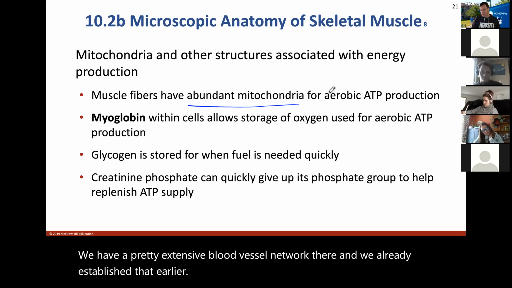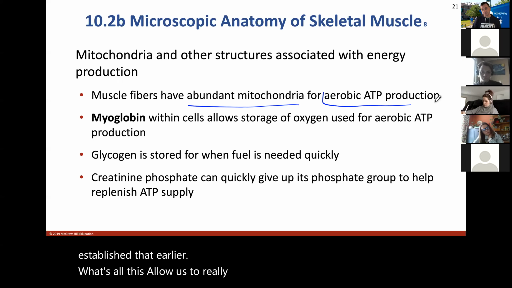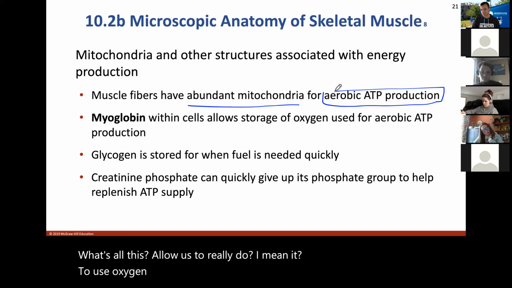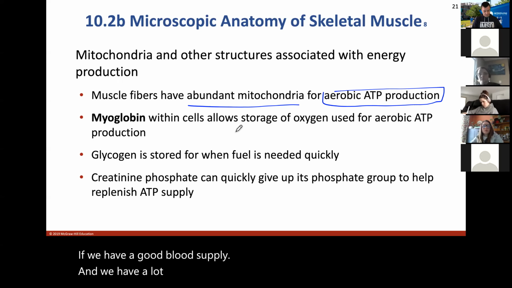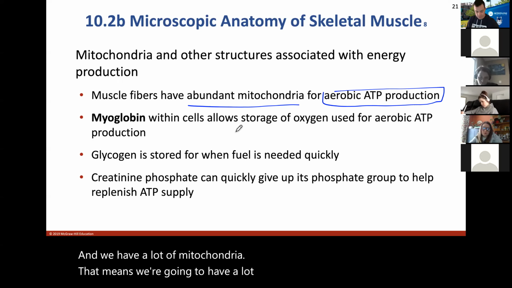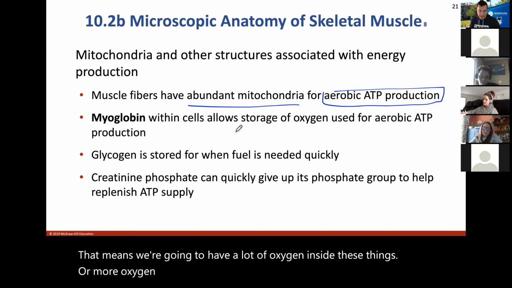What's all this allow us to really do? I mean, to use oxygen effectively to make ATP. If we have a good blood supply and we have a lot of mitochondria, that means we're going to have a lot of oxygen inside these things, or more oxygen inside these muscle cells than really any other cell.